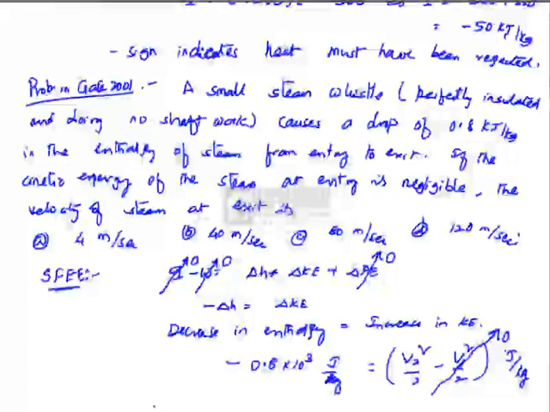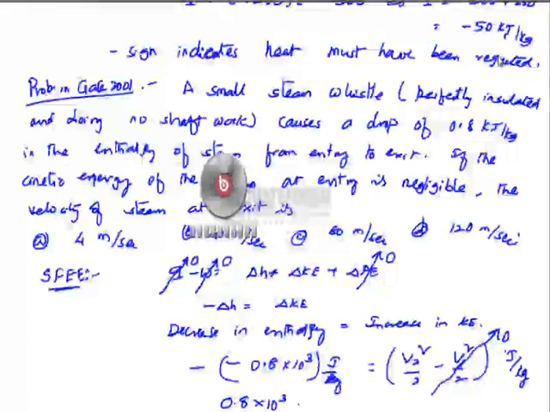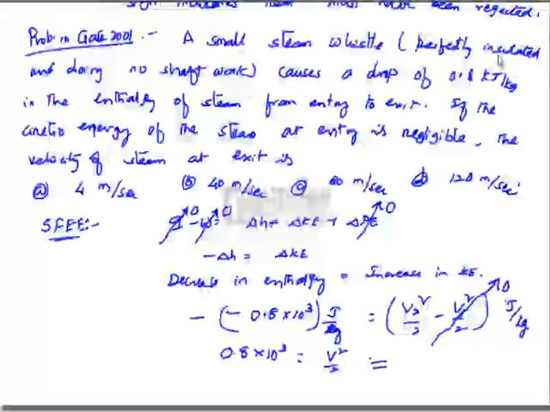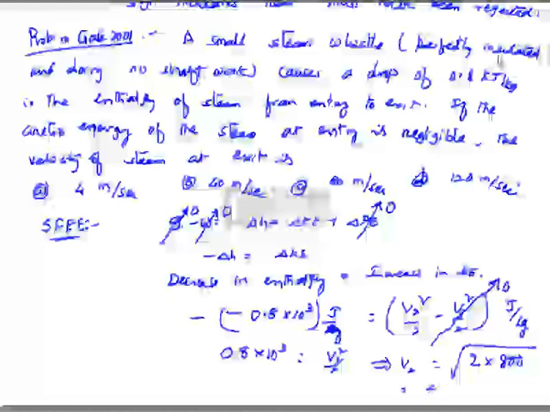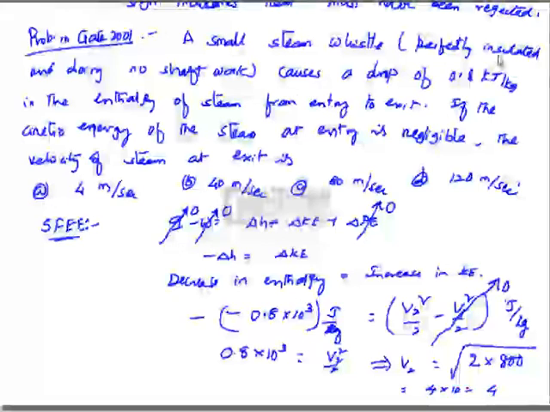Therefore, it is minus of minus, because H1 minus H2 is equal to 0.8 into 10 cube is equal to V2 square by 2, implies V2 is equal to square root of 2 into 800, that is 40 meters per second.